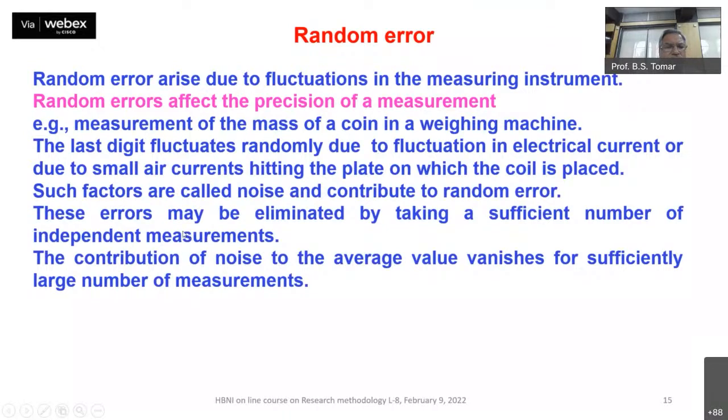So these errors may be eliminated by taking a sufficient number of independent measurements. The standard deviation will reduce as you increase the number of measurements. The contribution of noise to the average value vanishes for a sufficiently large number of measurements. That's why it's always advised that when you are quoting the error on a measurement, you have done a sufficient number of measurements.